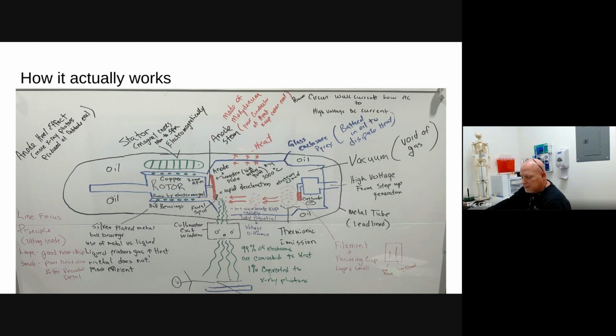Now we know that X-rays are going to go all over the place, but we have X-rays that are filtered down into the collimator window, right? And there's filtration inside the collimator window. What the filtration does is it eliminates the weak X-ray photons.